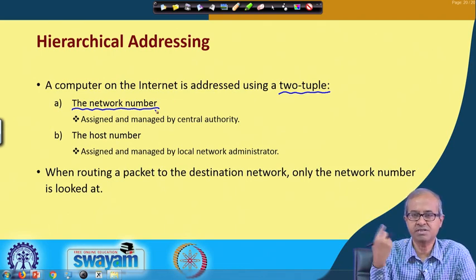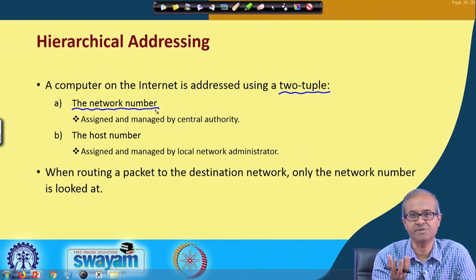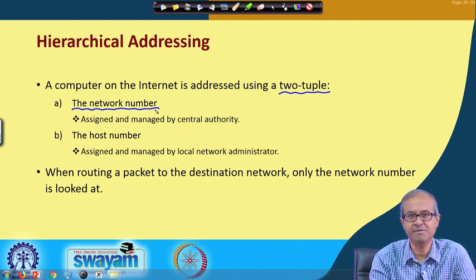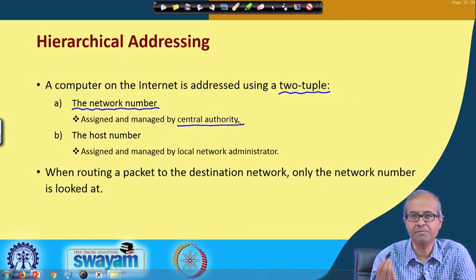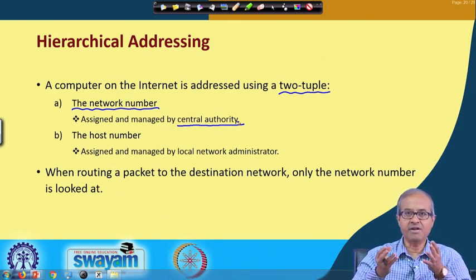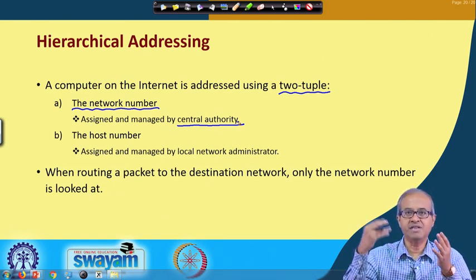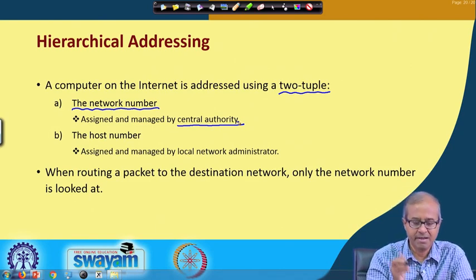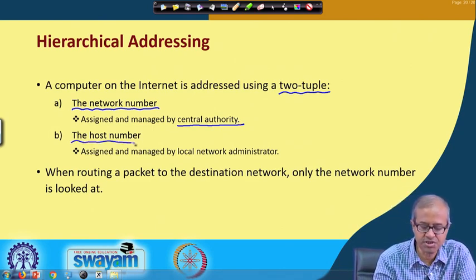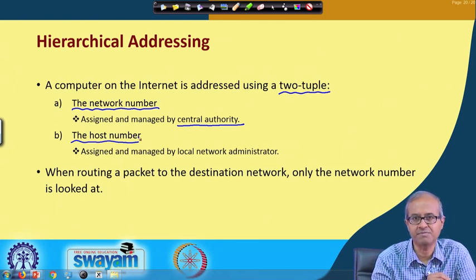All the networks in the world must be assigned a unique number. This has to be done by some central authority which manages these network numbers, and whenever you require to set up a new network, they will give you a unique number. And the second part is the host number within that network.